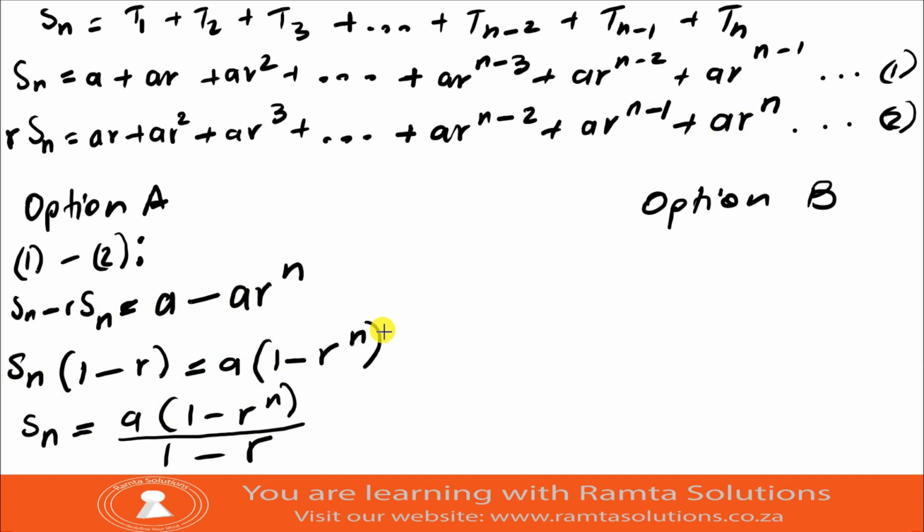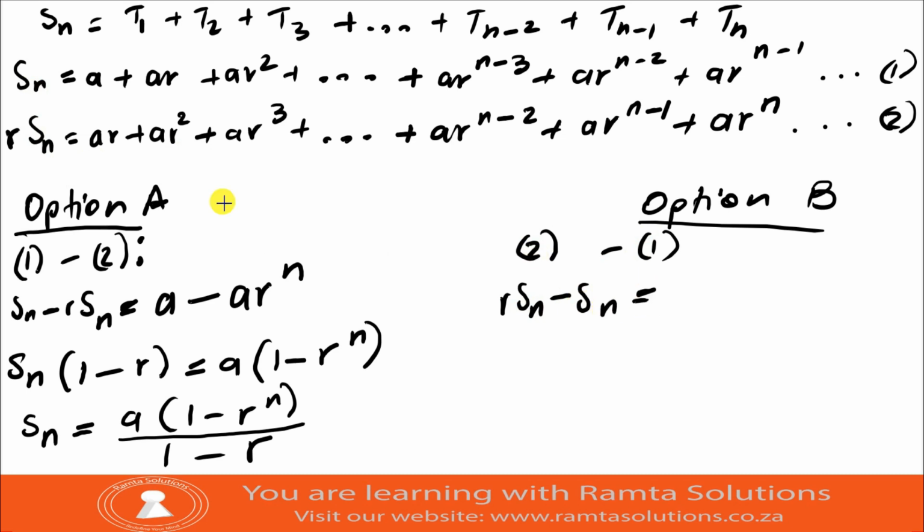Now for option B, I will say equation 2 minus equation 1. Equation 2 is R Sn minus Sn. Again, it's this line minus that line. So these will cancel, just like that.